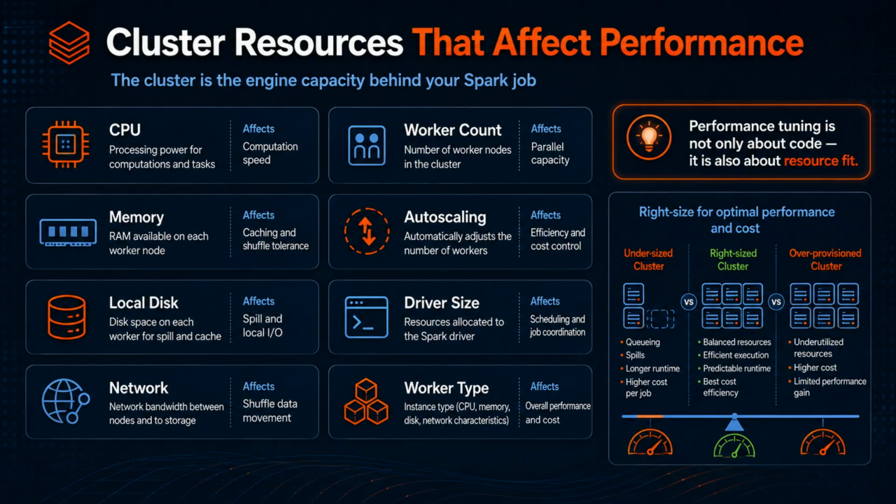Worker count affects parallel capacity. Autoscaling helps adjust resources based on workload, but it must fit the job pattern. Driver size matters because the driver coordinates the application. Worker type matters because different machines provide different CPU, memory, disk, and network characteristics. The goal is not always the biggest cluster. The goal is the right-sized cluster for the workload.